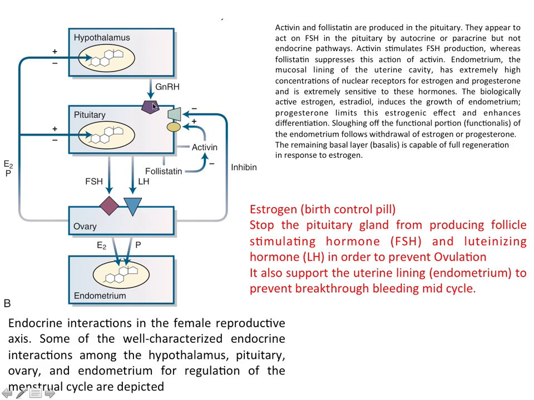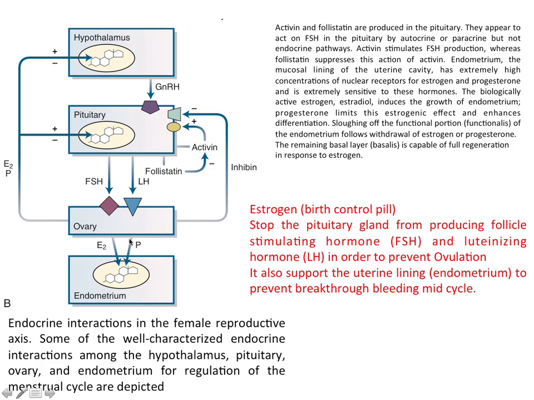Once GnRH binds to the pituitary cells, these cells, the gonadotropes, start secretion of FSH and LH. These are follicle stimulating hormone and luteinizing hormone, and they release into the blood directly, and through the blood they go to the ovary.